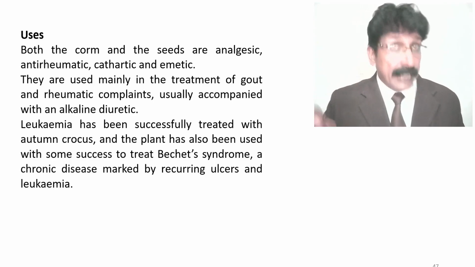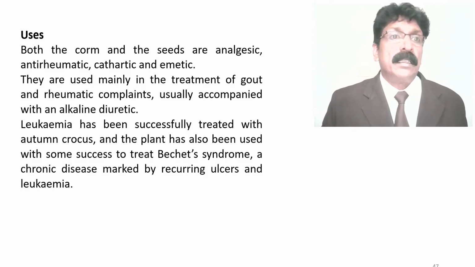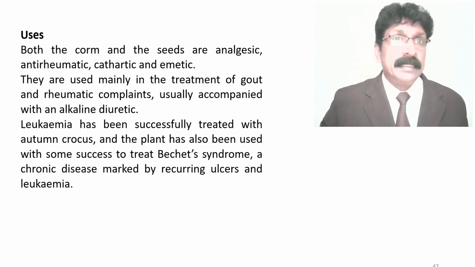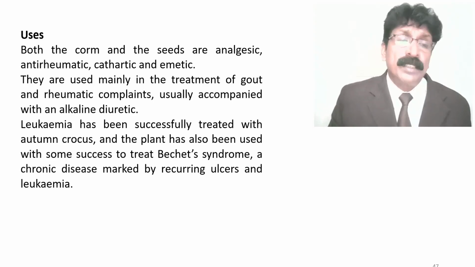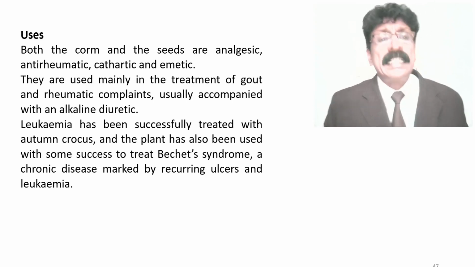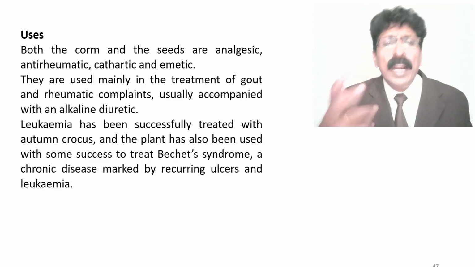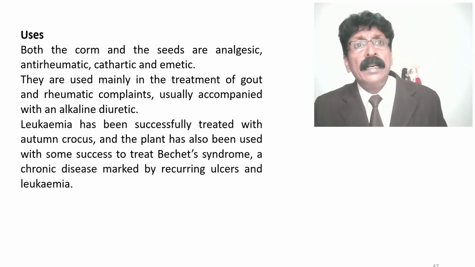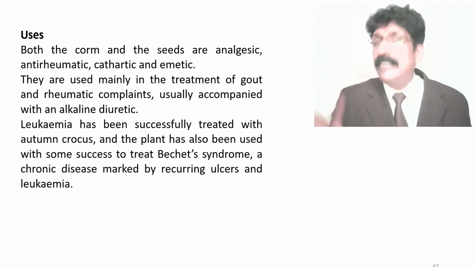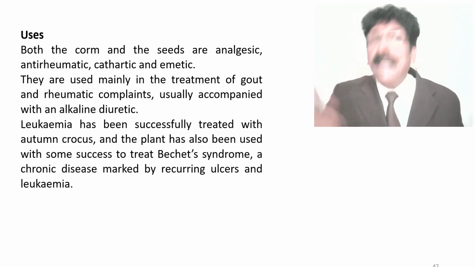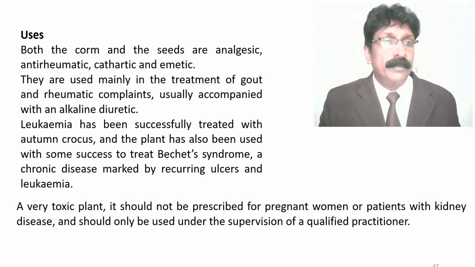Leukemia has been successfully treated with autumn crocus, that is colchicum, and the plant has also been used with some success in the treatment of Behçet's syndrome, a chronic disease causing recurring ulcers.